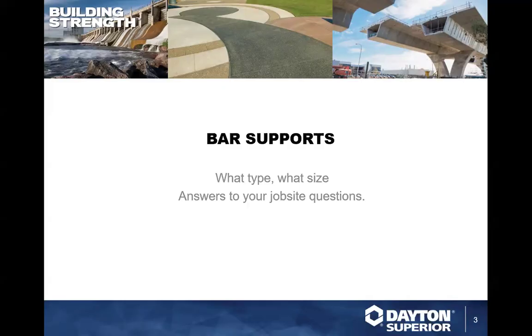He knows his stuff. He is also very in touch with what is happening out in the real world. You don't find that too often with people who have been in the industry for a long time, but he's still got his buddies who are calling him about precast, tilt up, you name it. He knows all kinds of engineering stuff, and he's going to talk to you today about bar supports.